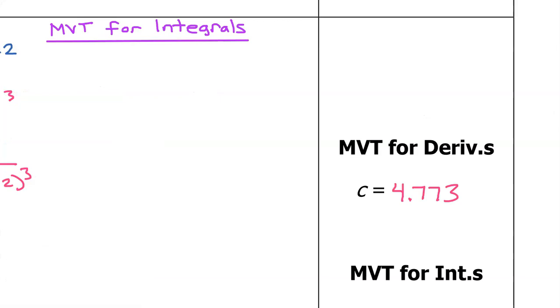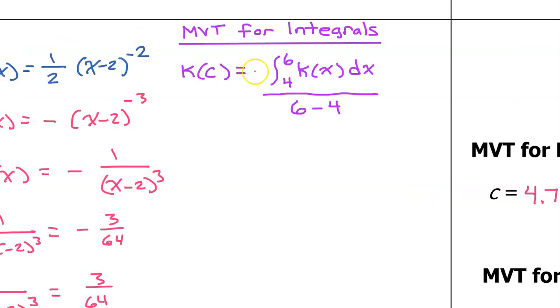Now let's find the value of c whose existence is guaranteed by the mean value theorem for integrals. On the closed interval from 4 to 6, there is some value of c where k at c is equal to the integral of k of x from 4 to 6 divided by the interval 6 minus 4. 6 minus 4 is 2.